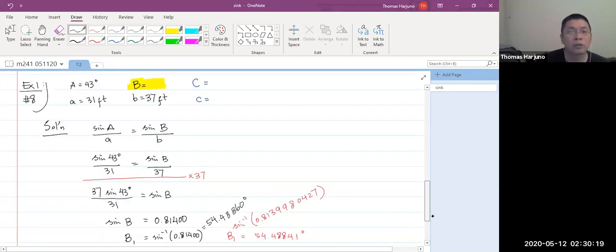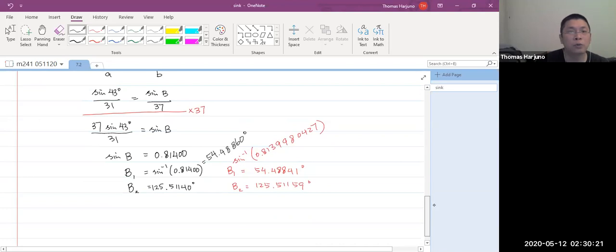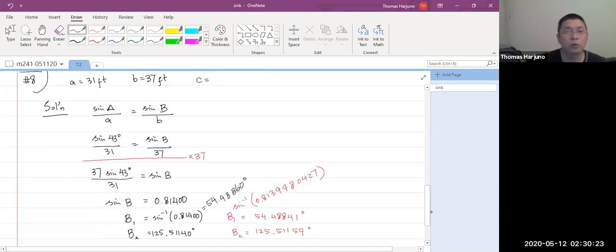So you see that we have two angles here. Now you need to check two things. The first thing is this: the first quadrant answer most of the time is true. I mean, 43 degrees plus 54 is still less than 180, right?